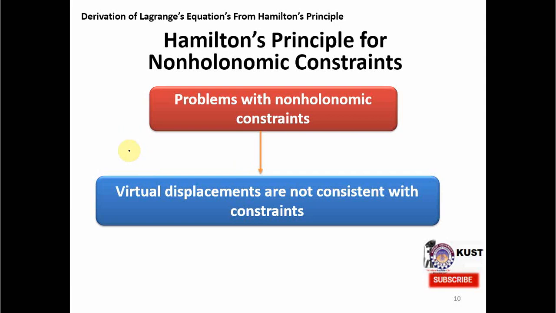overcome these problems, what we do is go towards the semi-holonomic treatment of our problem. In this case, with semi-holonomic constraints, we make our displacements independent and do the variations, and after that we go towards a very well known method called the Lagrange multiplier method.